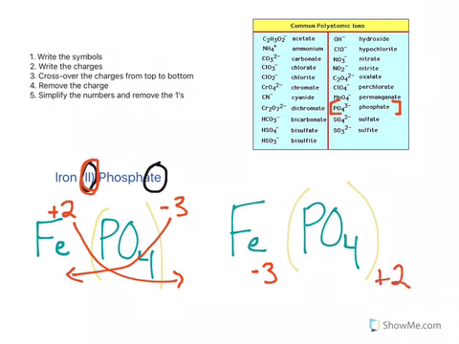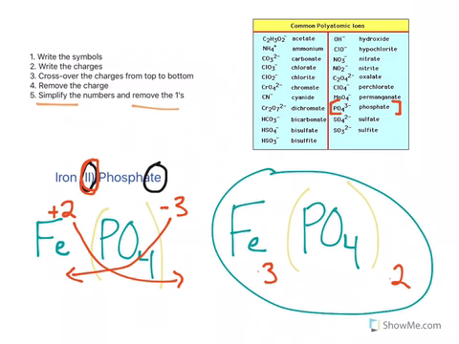Let's remove the charges. I have to make sure that I am simplifying. I can't simplify 3 and 2 any further. I don't have any 1s, so looks like I'm done. There is my final answer.